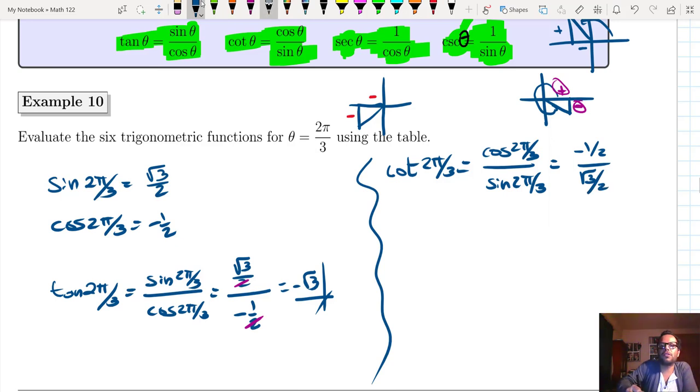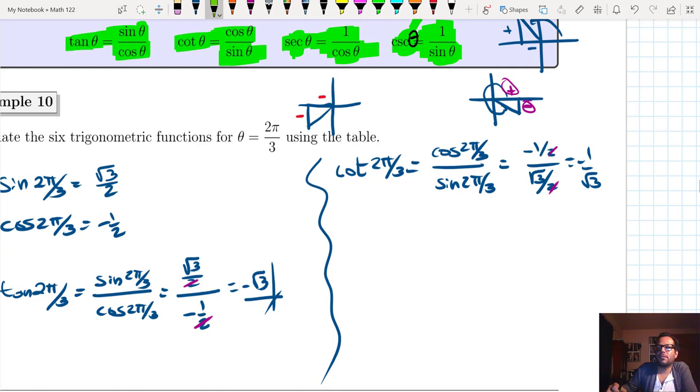You might want to just cross out these 2's, and we get as a final answer negative 1 over root of 3. Rationalizing this, just multiply by root of 3 and divide by root of 3 to get negative root of 3 divided by 3. Okay.